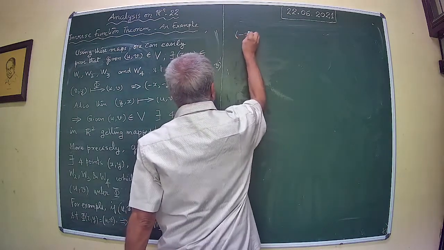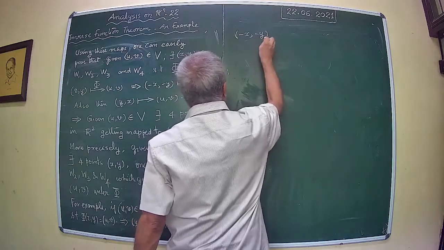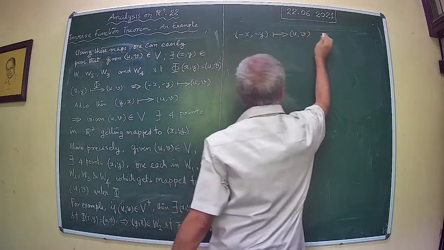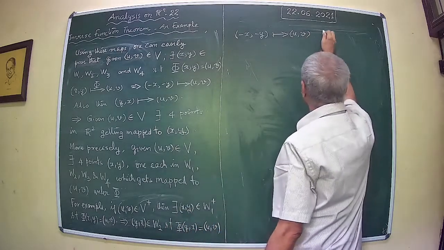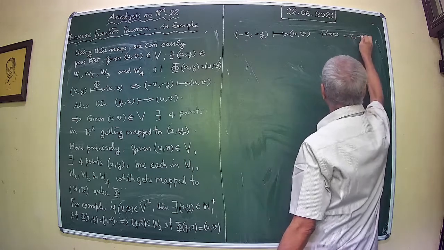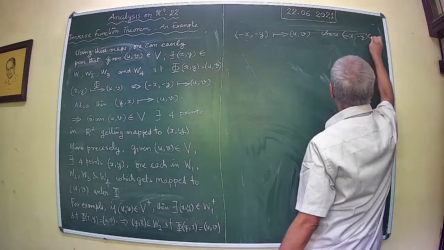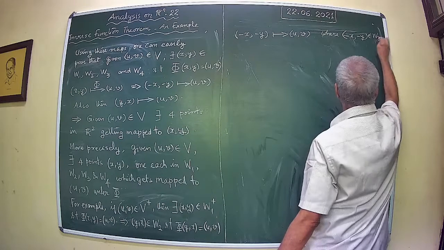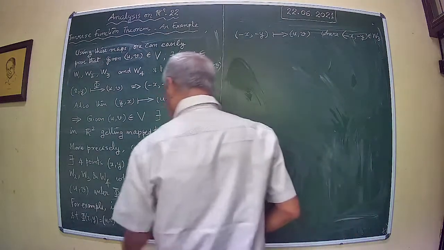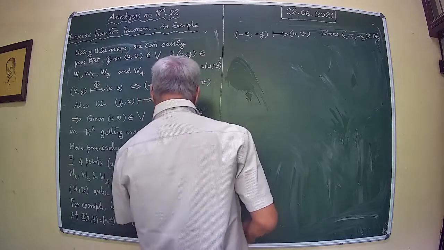Minus x minus y gets mapped to UV, where W3. Similarly, where is this?